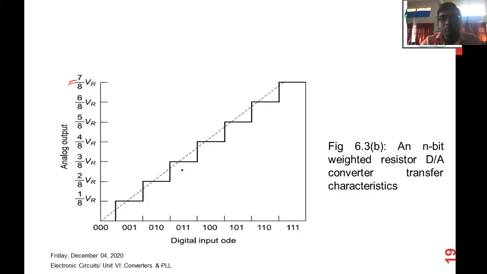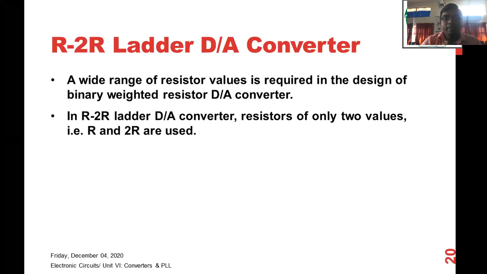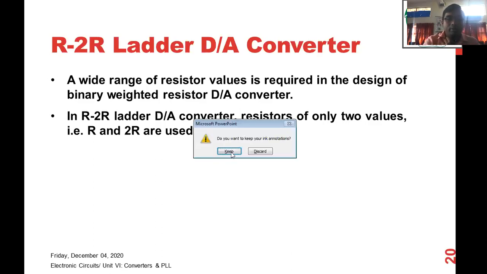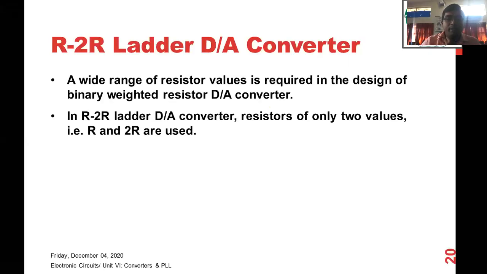Now we move to the second type of digital to analog converter, that is the R to 2R ladder D to A converter. There is a drawback of the binary weighted resistor D to A converter, that is we require a wide range of resistors in its design. Here this drawback is overcome in the R to 2R ladder D to A converter.